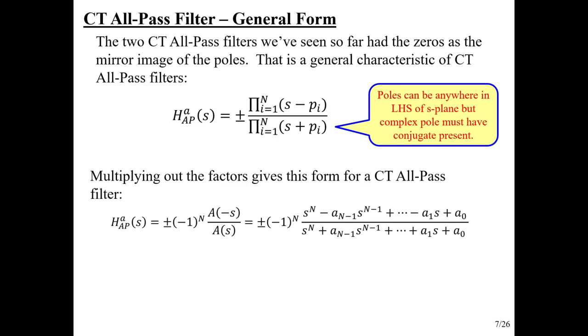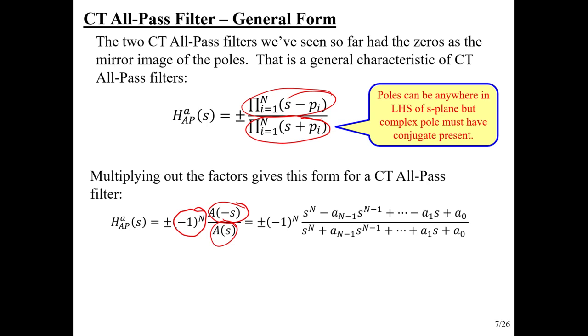I didn't go through all the steps, but if you actually multiply these things out, taking this into account, you'll find that whatever I define as A of S here will turn out to be A of minus S with a minus 1 to the nth power out in front.